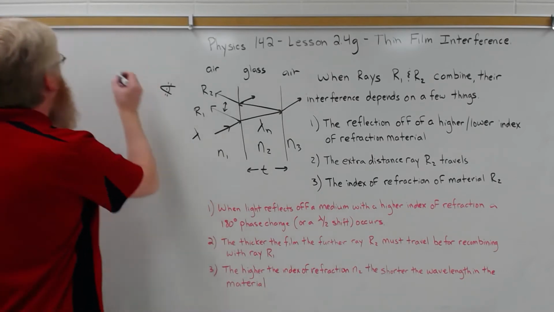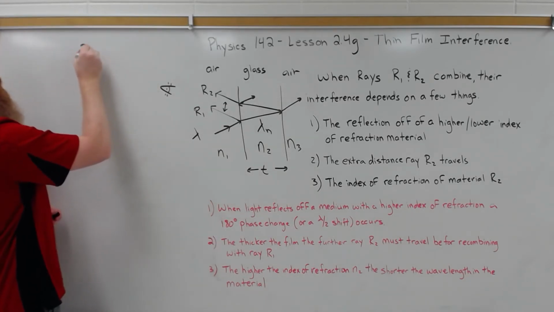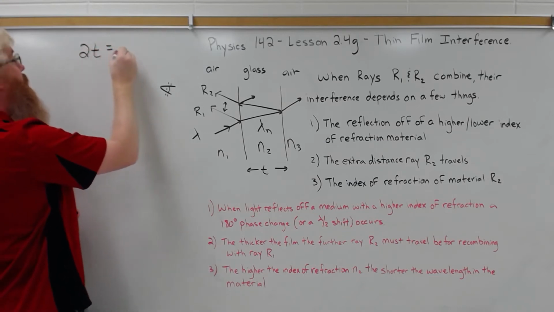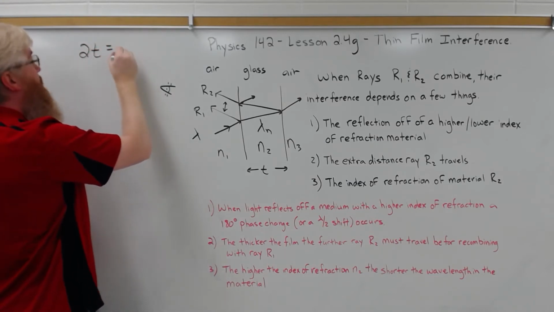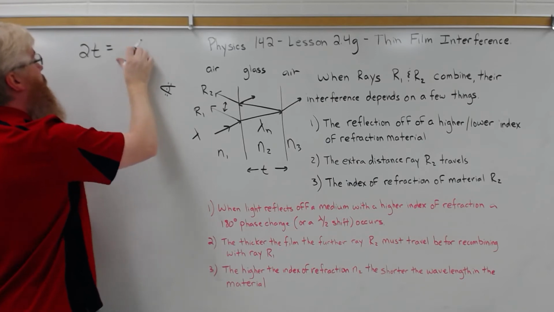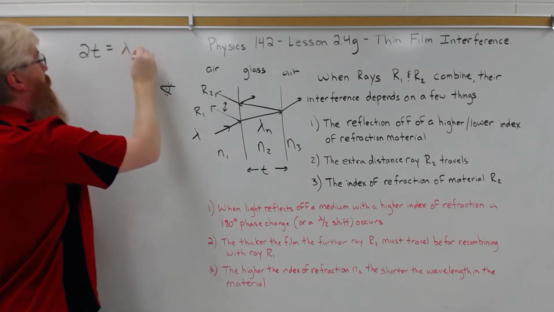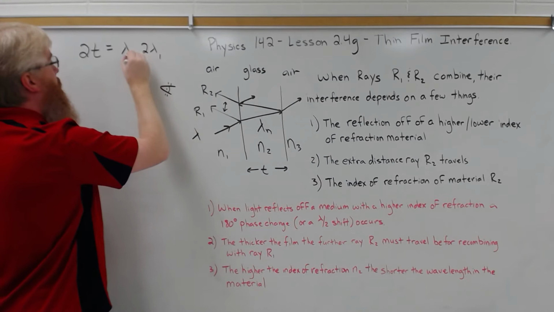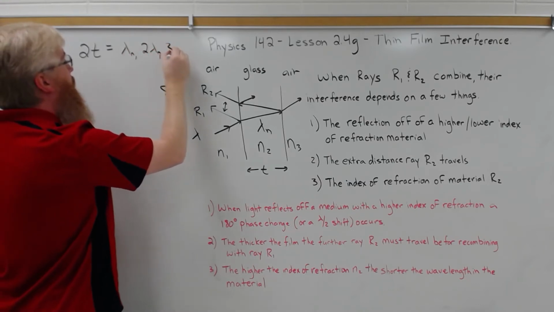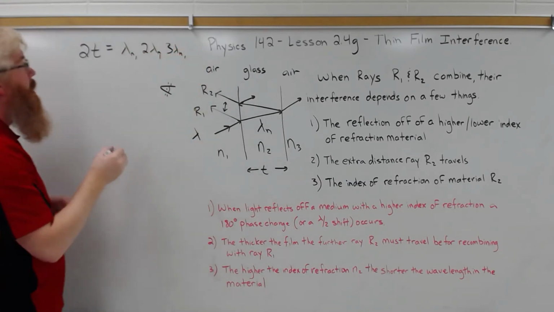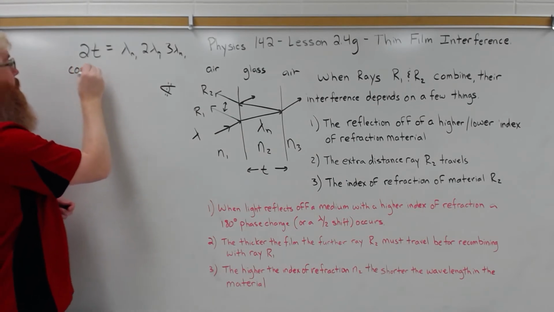So what happens is when 2 times the thickness is equal to some integer number of wavelengths, let's say lambda, or 2 lambda sub n, or 3 lambda sub n, and so on, this is constructive interference.